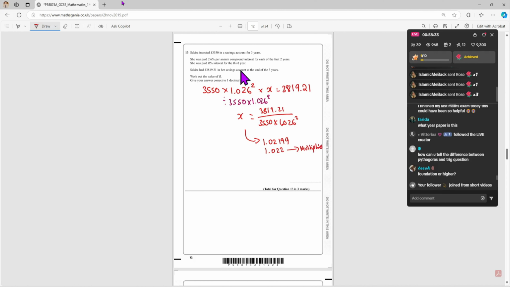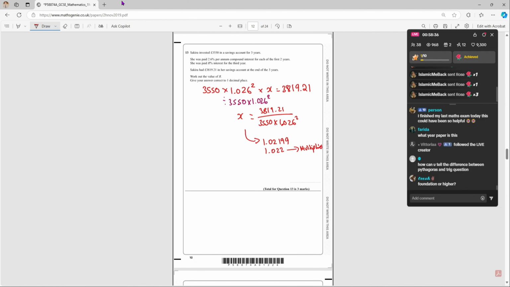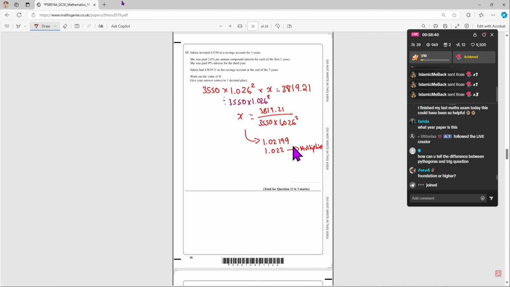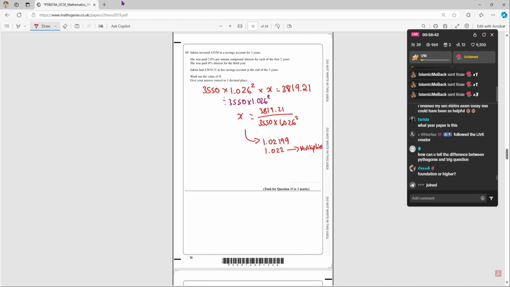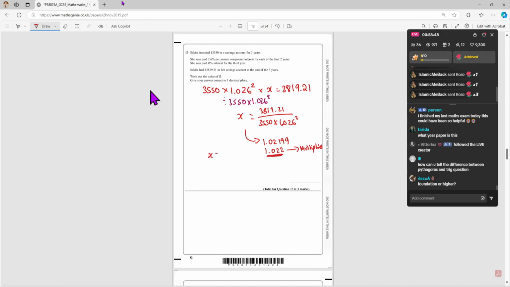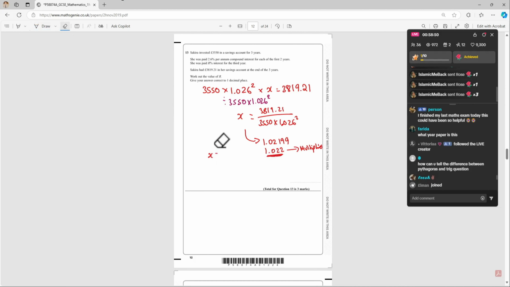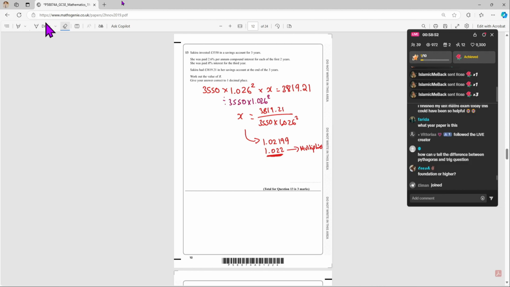We have to work out the value of r. To work out the value of r, we have to work out the percentage. So if this is a multiplier, can someone tell me in the chat what will be our percentage then? What will be our interest rate?